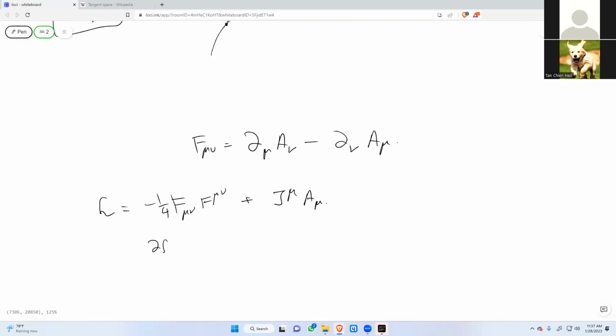When we take the partial derivative of the Lagrangian with respect to something, I've done it before, we typically just say that this is F^{μν}. But something I've always struggled with is that this factor of 1/4 disappears, and I know exactly how it disappears.